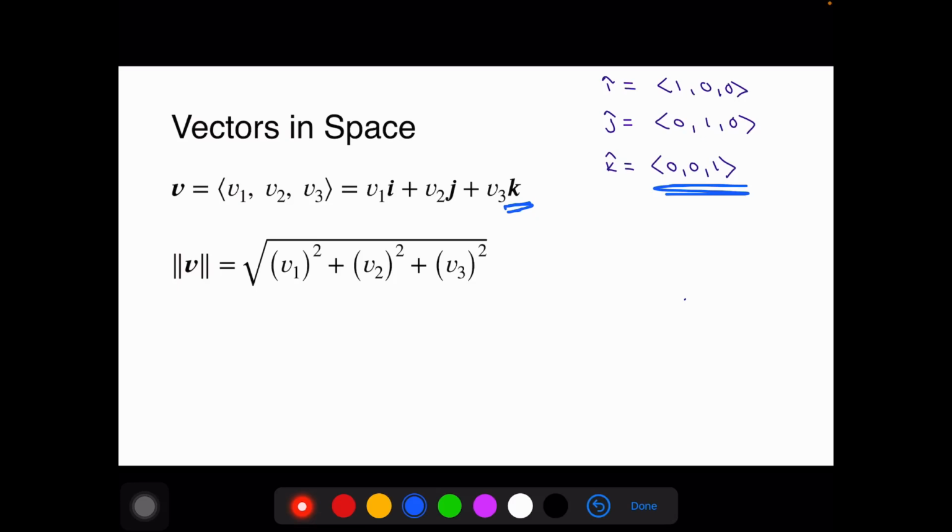And again, that really is just my distance formula. I'm taking my change in x squared plus change in y squared plus change in z squared. I'm just thinking of those quantities as components of a vector. Okay, so the new part here is we have this third z component of our vectors that we're going to have to deal with.